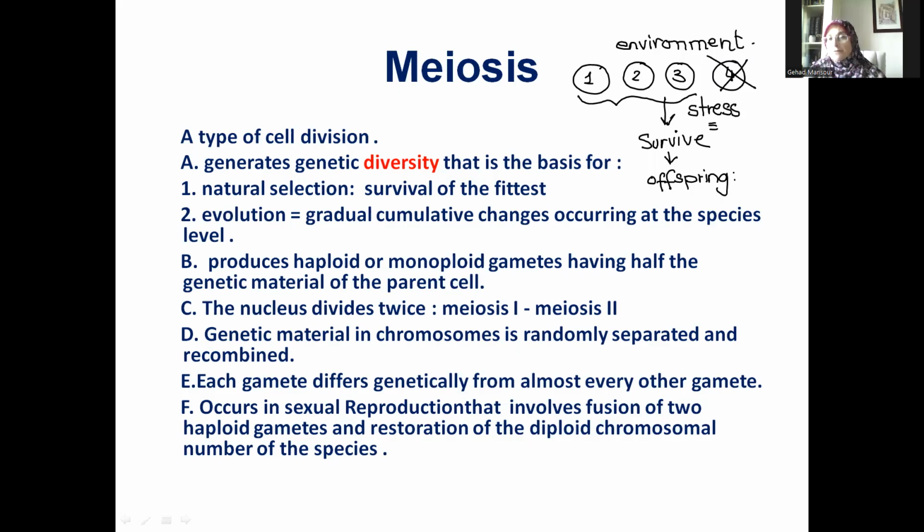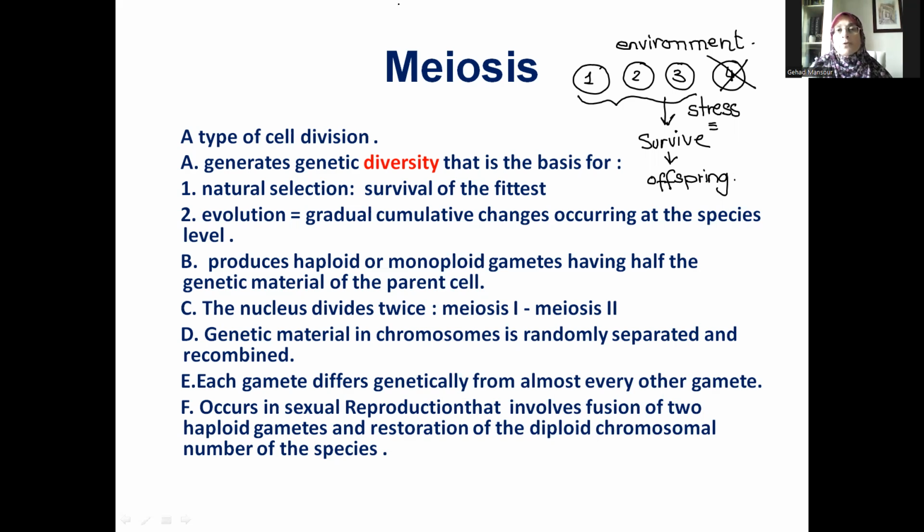And then after the environmental stress, one of them has disappeared. So gradually the species would not contain that variant. Of course, the examples are many, but what happened is survival of the fittest. If we want to describe what happened in this example, it is survival of the fittest. And here, the fittest were the first 3 variants.